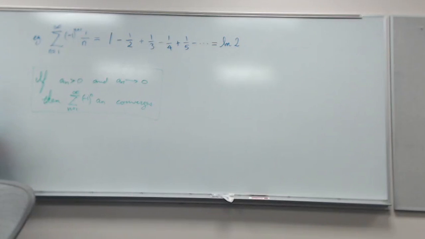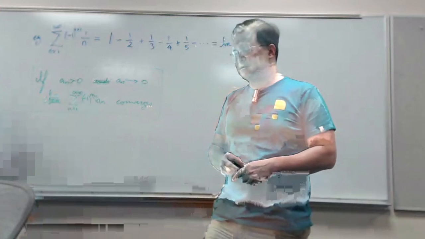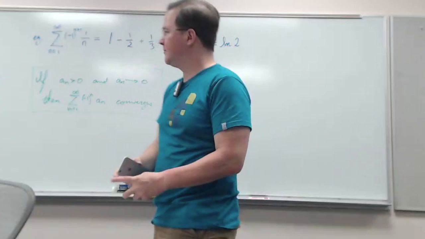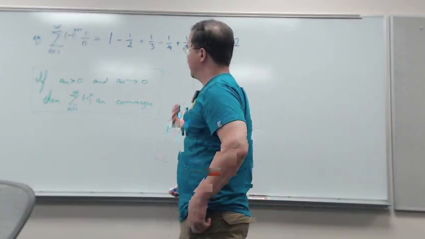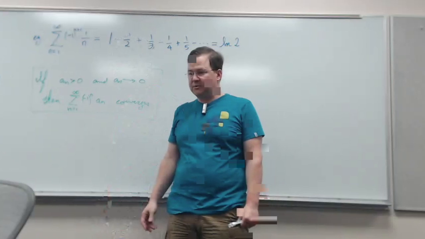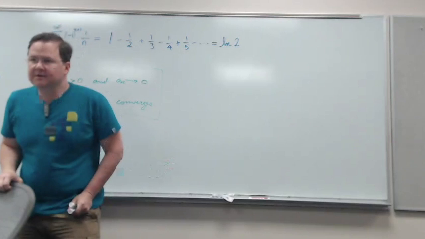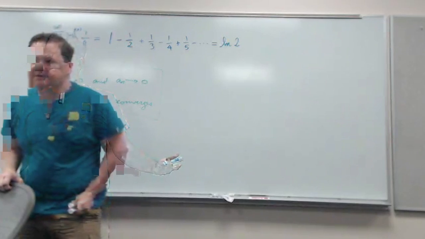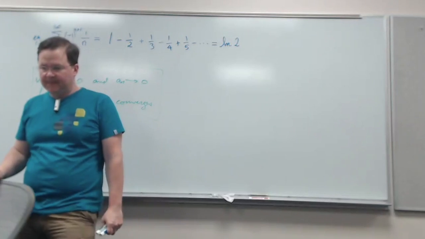However, it does have some other complexities to look at. We want to be able to estimate if you're adding terms along the way. I'd like to know how good my estimate is. We're going to have something analogous to the remainder theorem that we saw before for the integral test, where we were able to get bounds on the remainder, and so you can stop adding at some point.